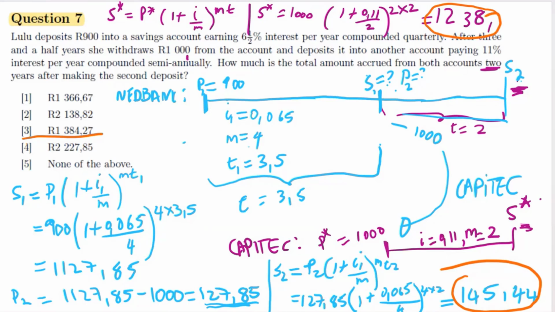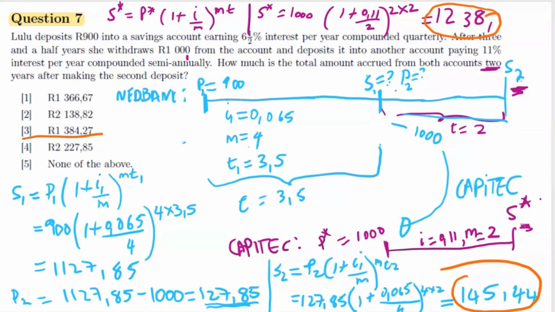So if she had left her money in Nedbank, it would have compounded more than the total amount that she gets with that option. How much would it be? No, I'm asking you a question. Would the amount have compounded more because of the quarterly?